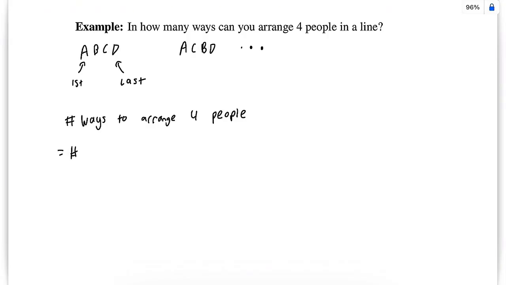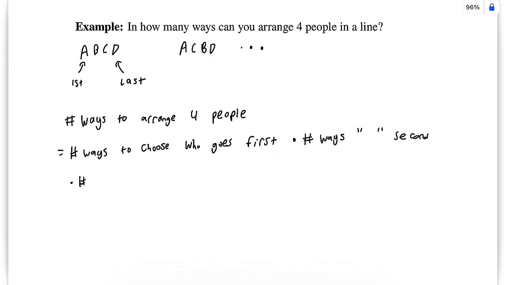So it's the number of ways to choose who goes first, times the number of ways to choose, I'll just put this in quotes here, who goes second, times the number of ways to go third, times the number of ways to go fourth.